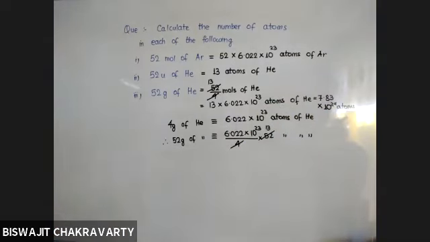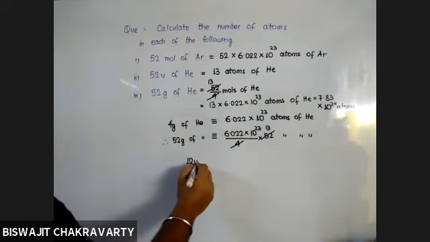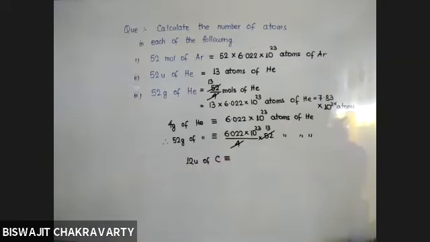So for those who are new, let me tell you that when the unit is U, atomic mass unit, we are talking about one atom. But when we are asking in terms of grams, then actually we are talking about Avogadro's number of atoms. For example, 12U of carbon contains how many carbon atoms?